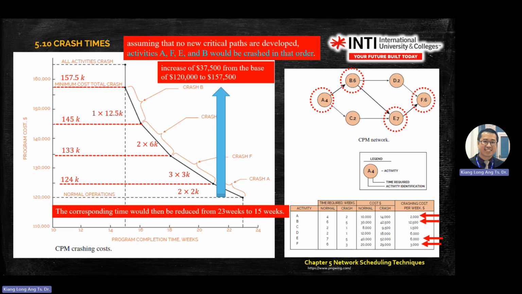But if you have 4 activities fail and keep crashing, your response time will reduce from 23 to 15 weeks. This is a risk assessment.